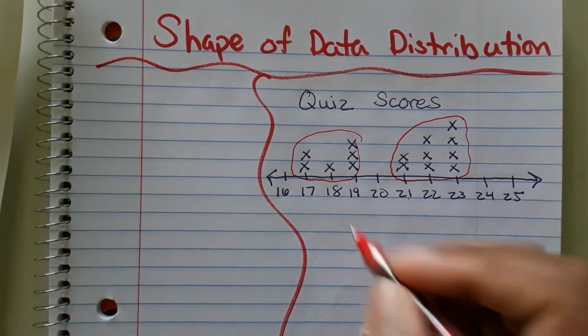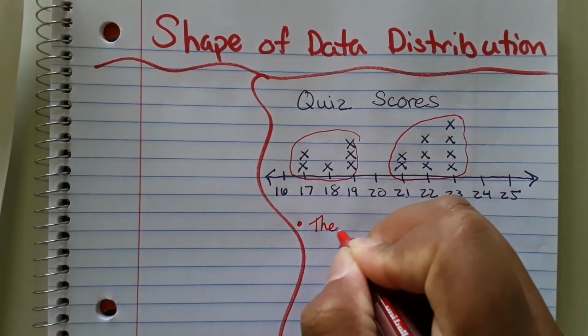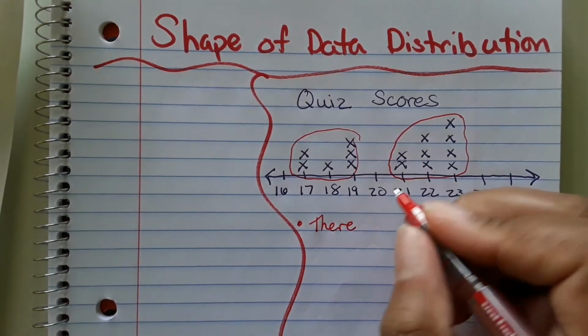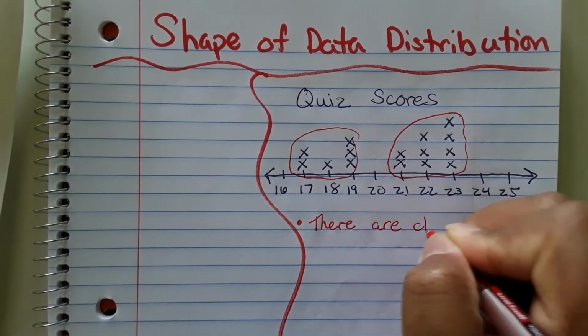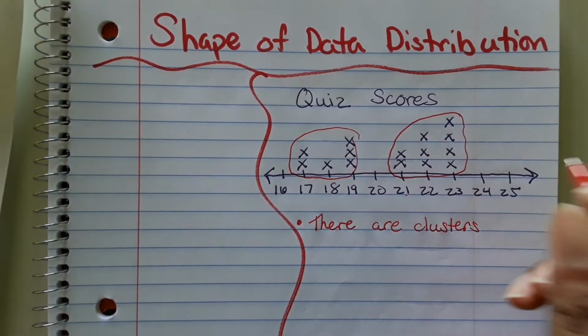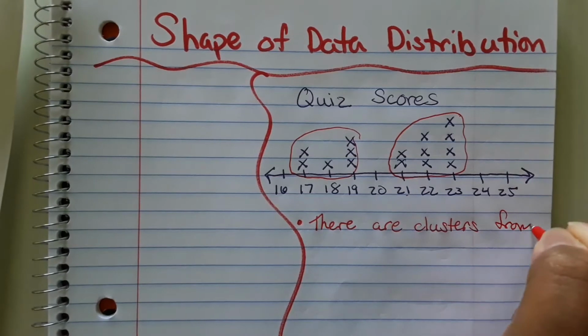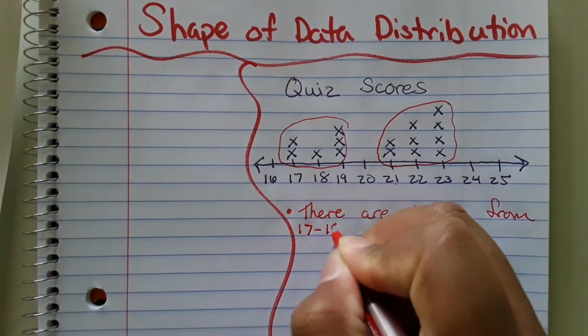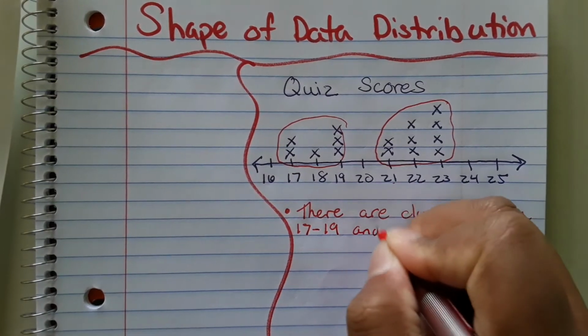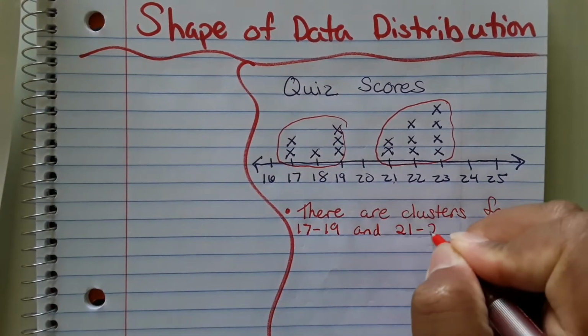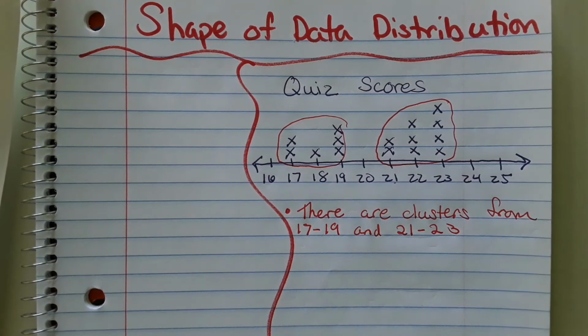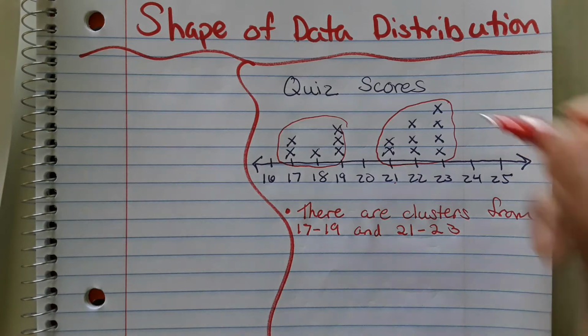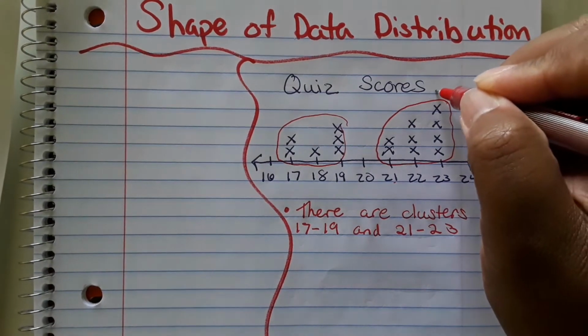So we could say there are clusters from, and then we would list these spots, 17 to 19 and 21 to 23. So we have those groups. Next, we can see the peak would be here.